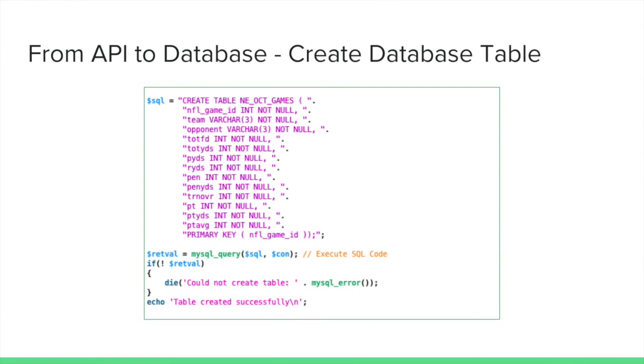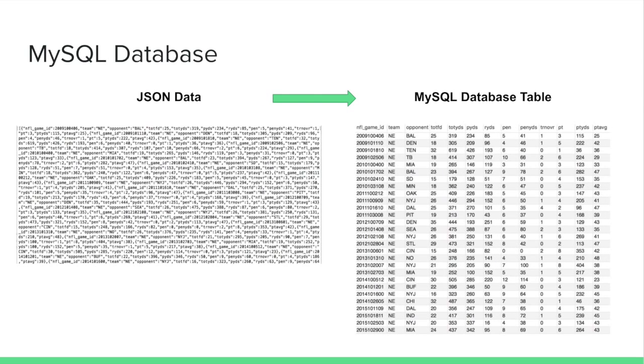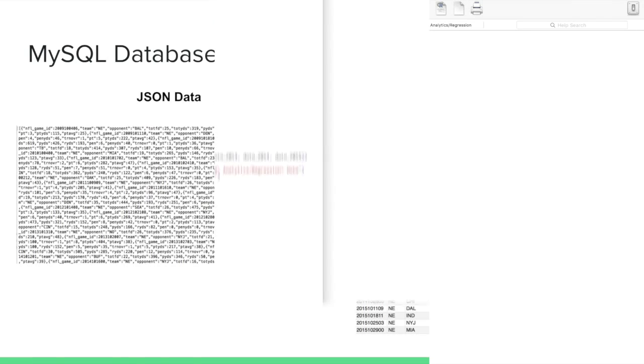We then create a table within our database, adding a field to hold the values from each column of the JSON array. Finally, we parse the JSON data, add it to our database, and then close the connection to the MySQL server. This sequence of code transformed our data from raw JSON format, in which it's hard to analyze, to a neat, orderly MySQL database table.